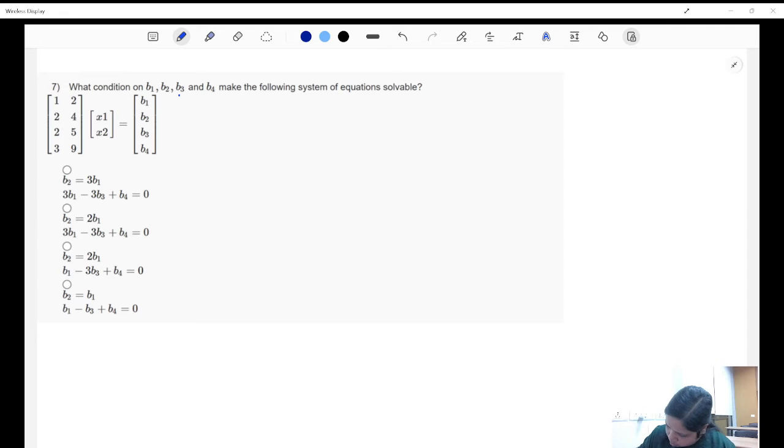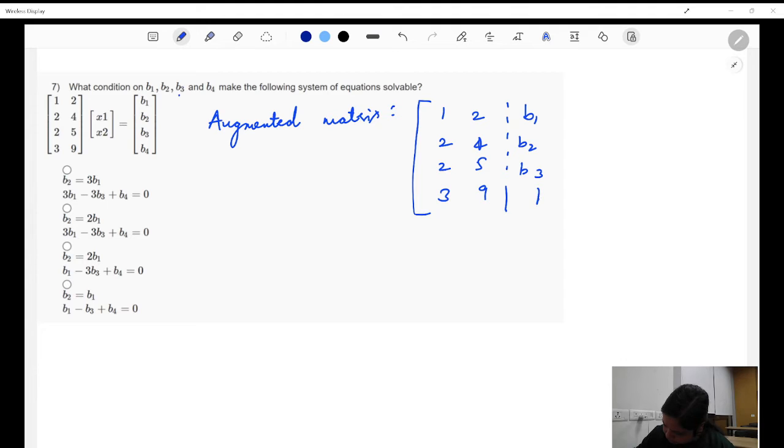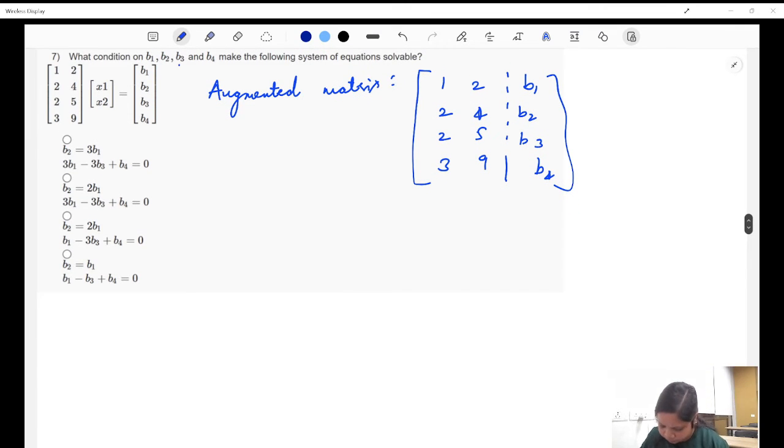So see what we'll do. We will write the augmented matrix first. It is 1, 2, 2, 4, 2, 5, 3, 9, and then we'll have B1, B2, B3, B4. Then we can try to convert it into echelon form. How do you convert it to echelon form? We can try to make as many zeros as we can.